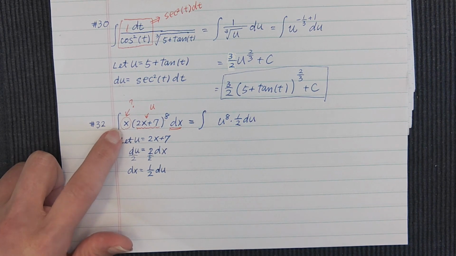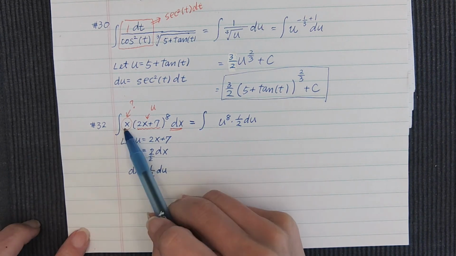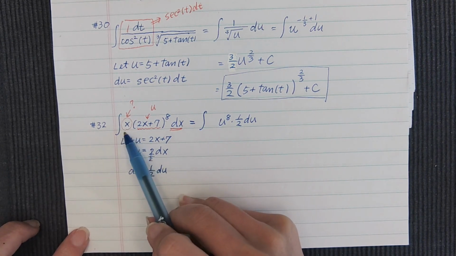Make sure everything has to be u. That's why we call it u sub. So how are we gonna do that with this leftover x?